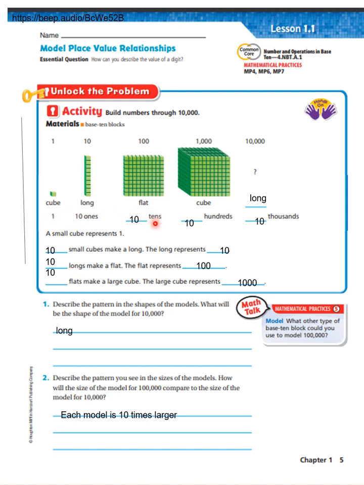If we go to our flat, which is 10 tens, that's 10 times larger than our long. Our cube is 10 times larger than our flat. And if we go back to 10,000, the 10,000 is 10 times larger than the cube.